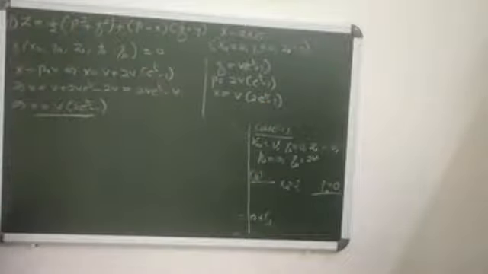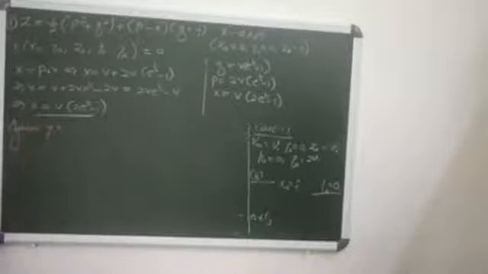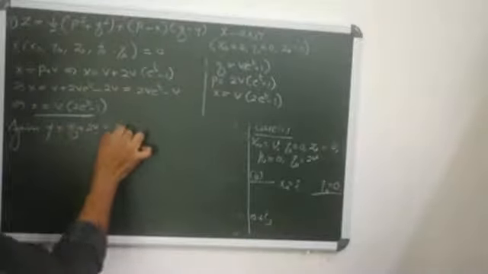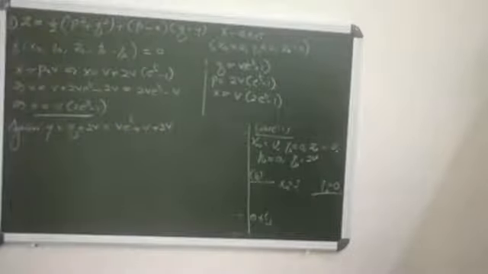Again, what is y? Y equals q plus 2v. So that equals, what is q? v into e power t plus v plus 2v. So v into e power t plus 1 into v.